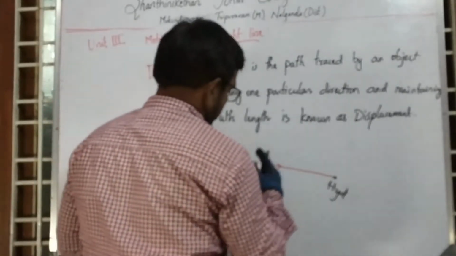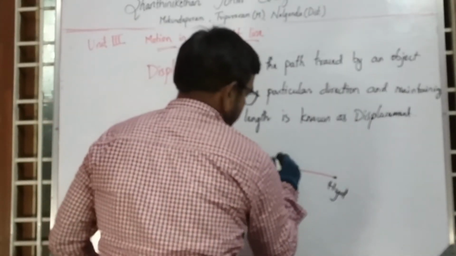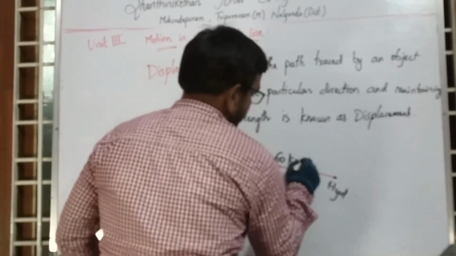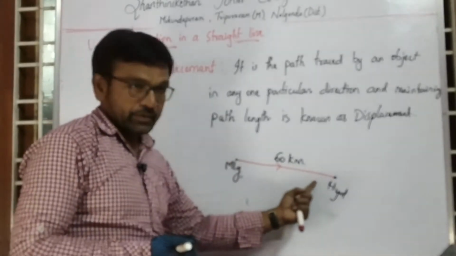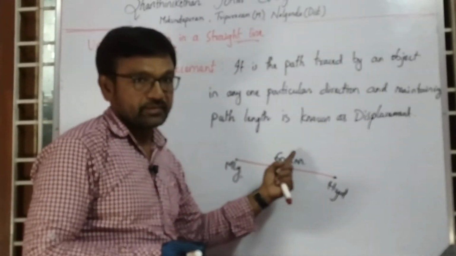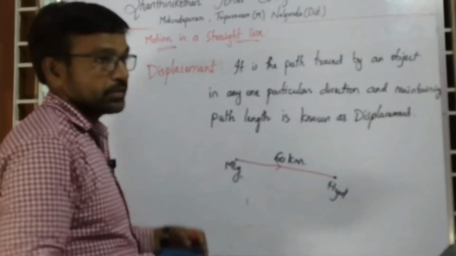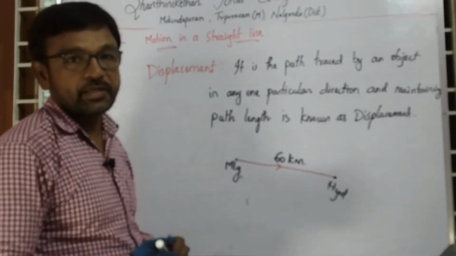Let it be around 60 kilometers. So it is maintaining direction and it has some path length, 60 kilometers. That is said to be the displacement.